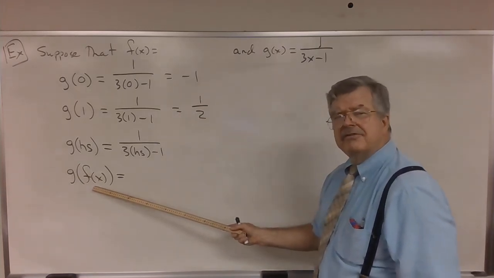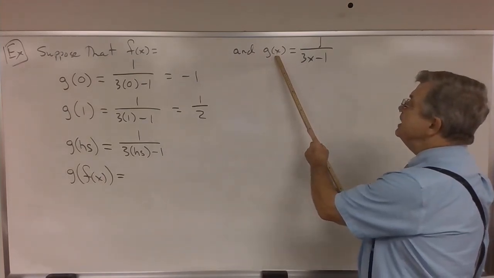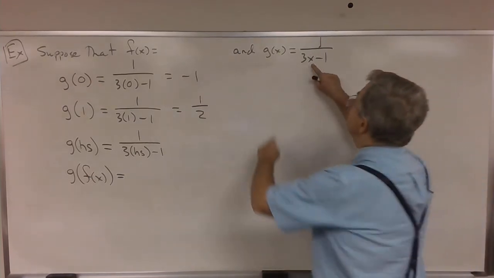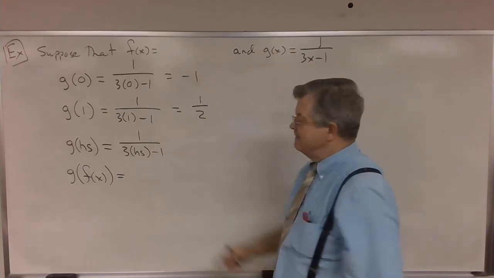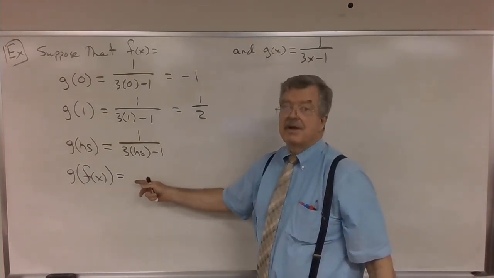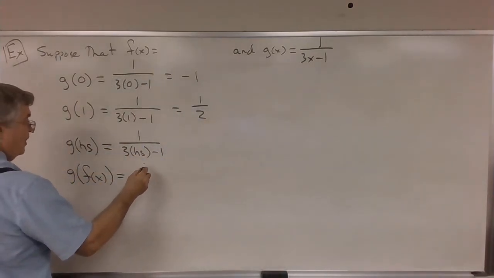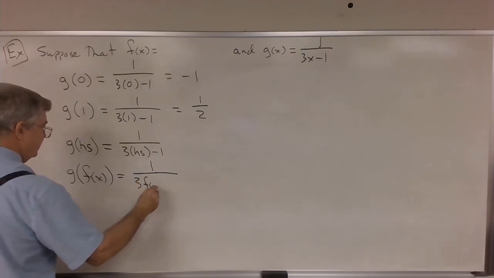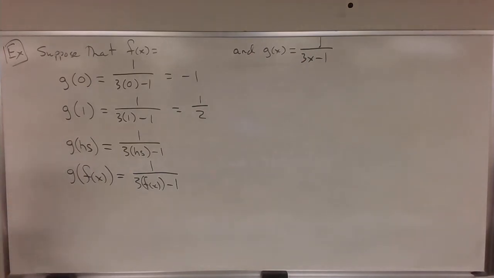So f of x is playing the role down here that x plays up here in our model of g. So every place that we see an x up here in our model, we're going to put an f of x down here, aren't we? So we're going to get 1 over 3 f of x minus 1. Excellent.